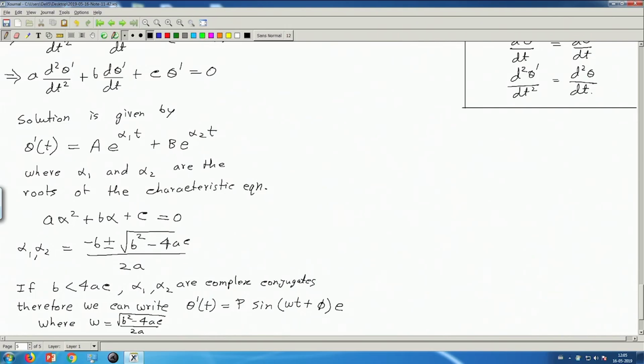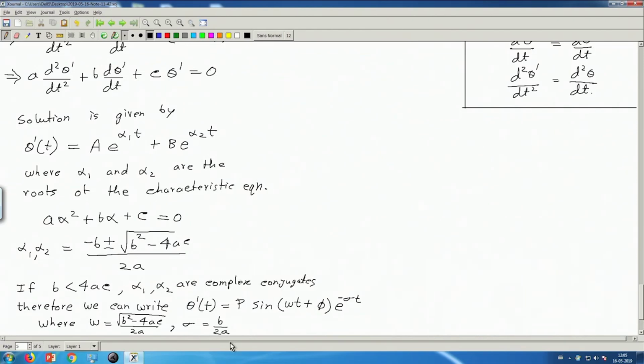So this will get multiplied by e to the power minus sigma t. Okay, and this sigma will be this term, the real part, b by 2a.